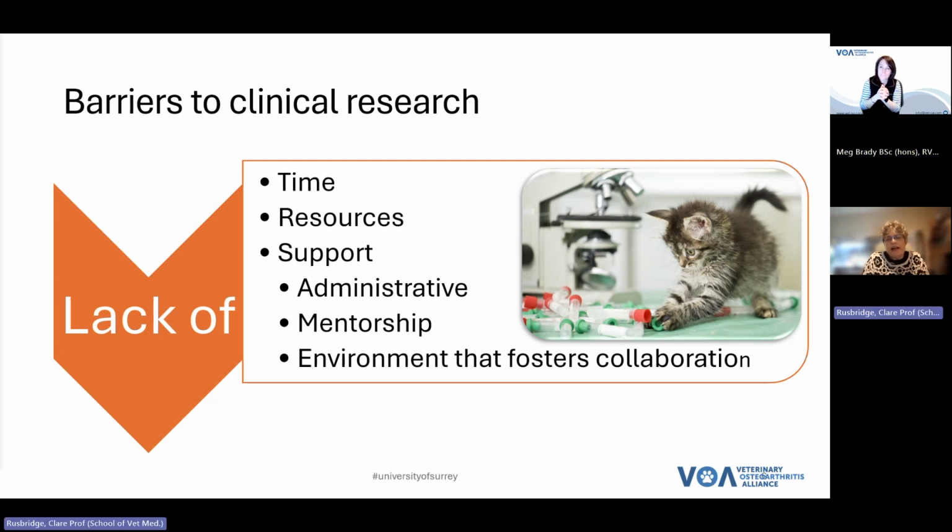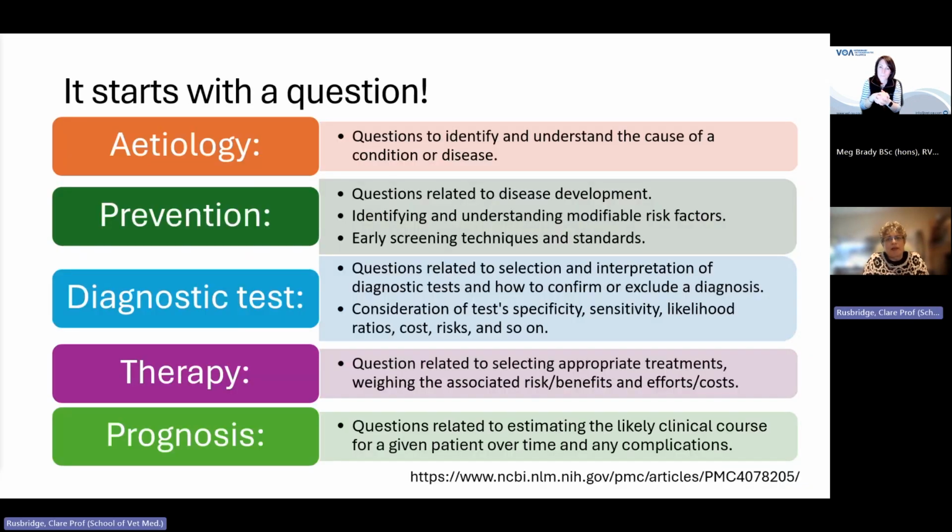Well, all research starts with a question. So yes, and I think we all have questions, but these can be quite simple things. So weight, I've mentioned already, has to be the most important disease comorbidity that many animals are dealing with.